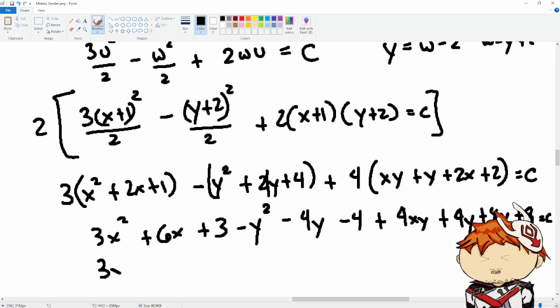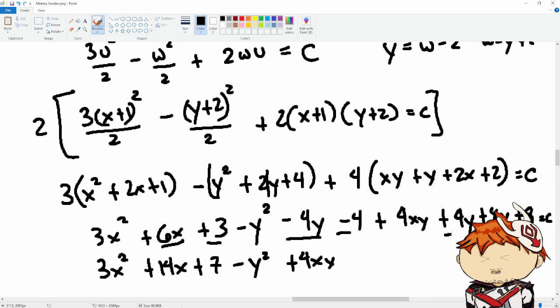So what's left is 3x squared plus 14x, plus 3 minus 4 plus 8, that's plus 7, minus y squared plus 4xy minus 4y plus 4y, that's 0, is equal to c.